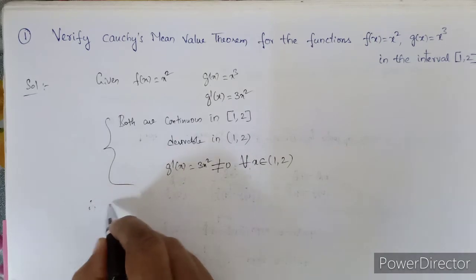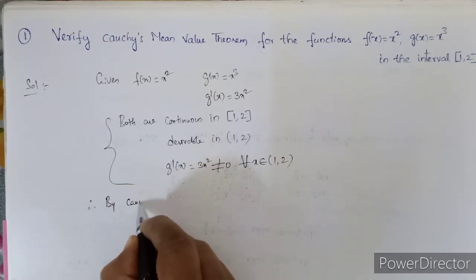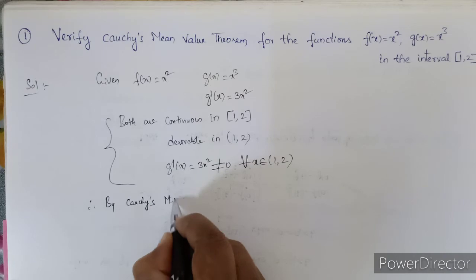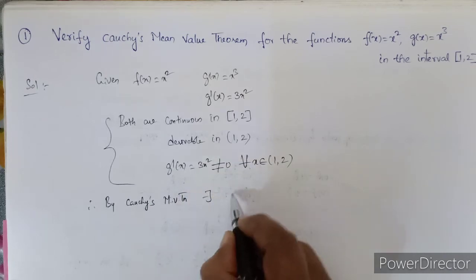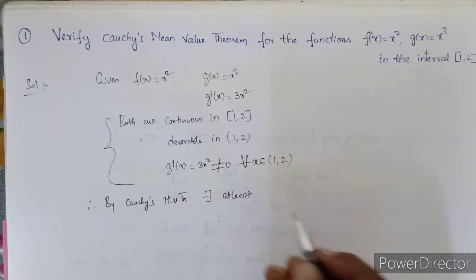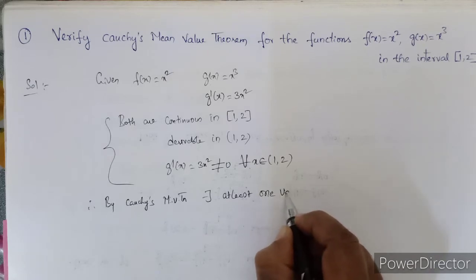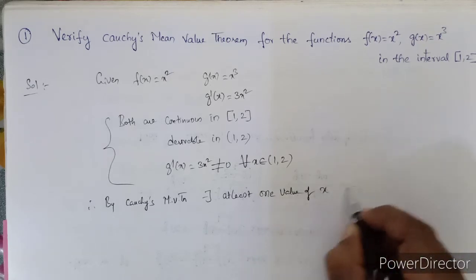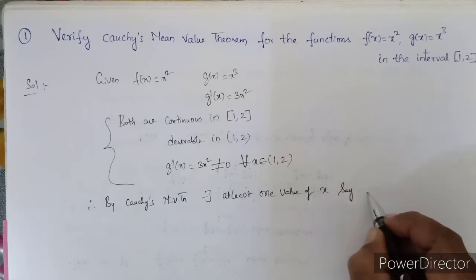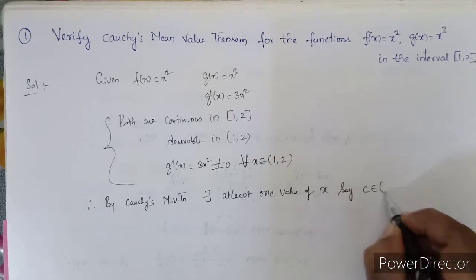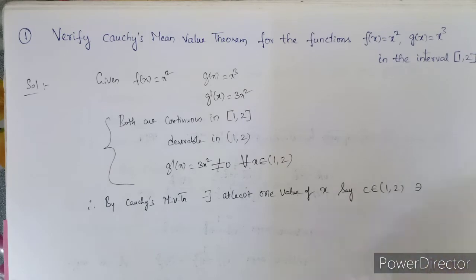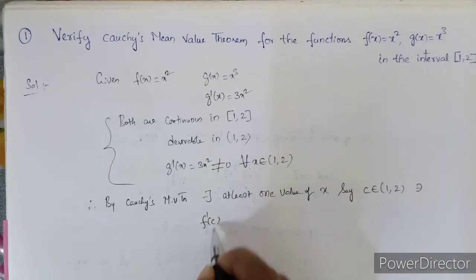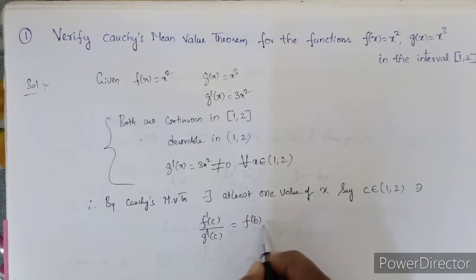Therefore, by Cauchy mean value theorem, there exists at least one value of x. Say that x value, we take it as c, belongs to the open interval 1 comma 2 such that f dash c by g dash c is equal to f of b minus f of a by g of b minus g of a.